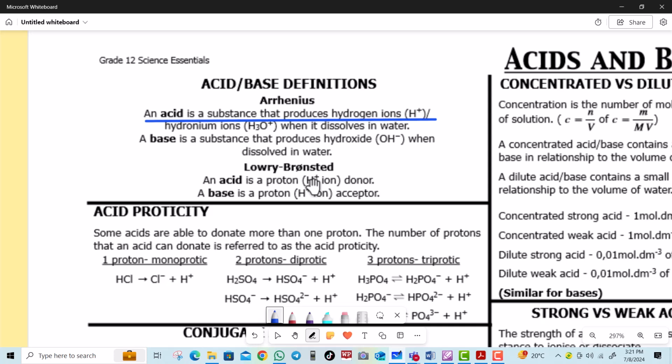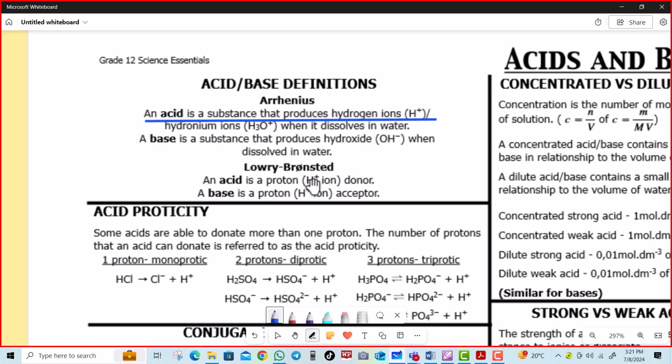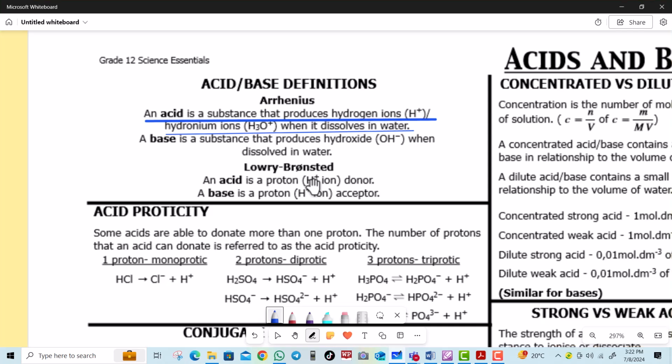These hydrogen ions give off protons, and for that case they form the acid, but they must be dissolved in water according to Arrhenius. So if the question says define an acid according to Arrhenius, you say it is a substance that produces hydrogen ions or hydronium ions when dissolved in water.